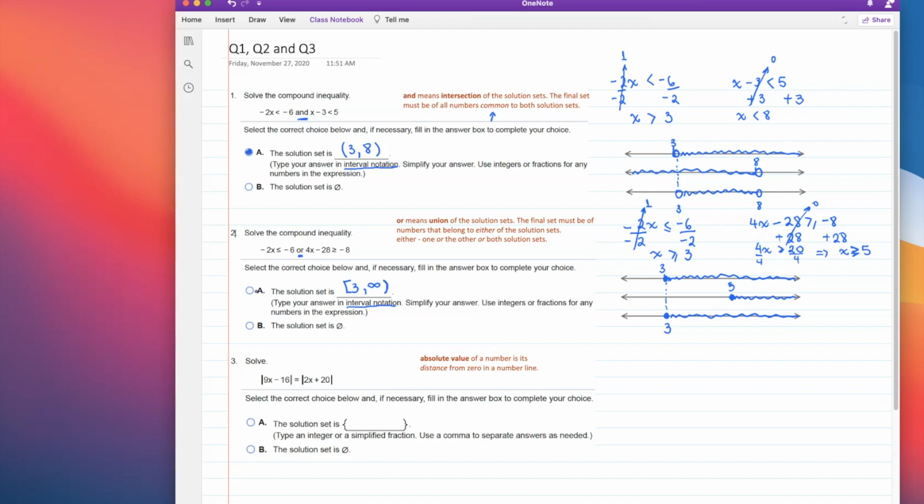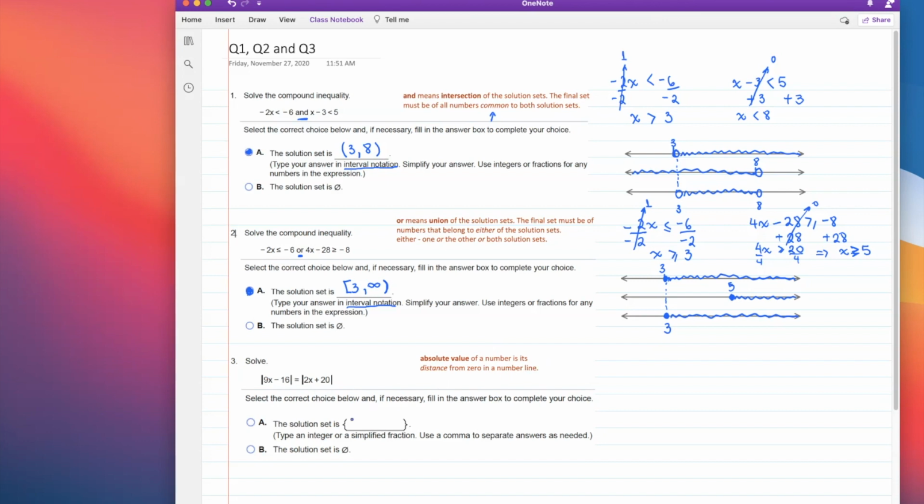Now the number 3 is to solve an absolute value equation. Remember that absolute value is of a number. So inside of here, I have a number that is different based on the value of x.